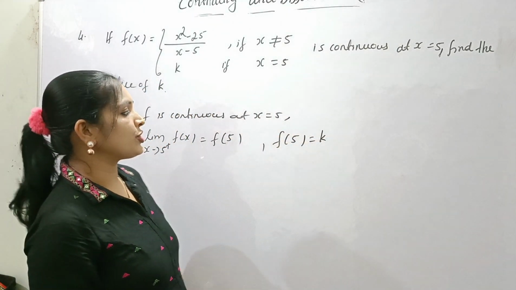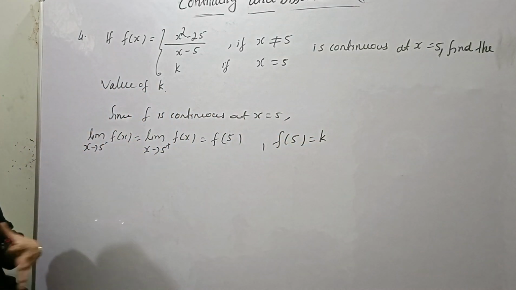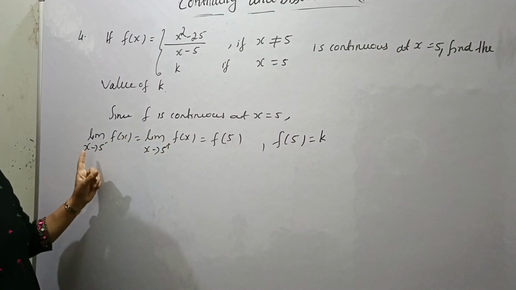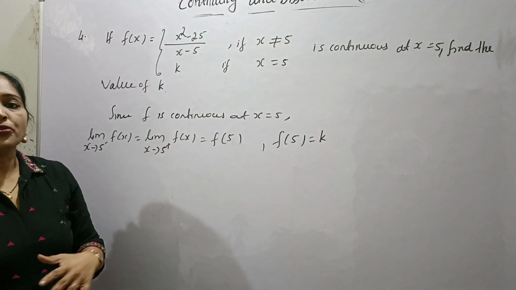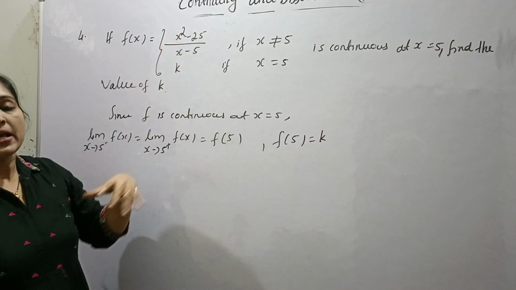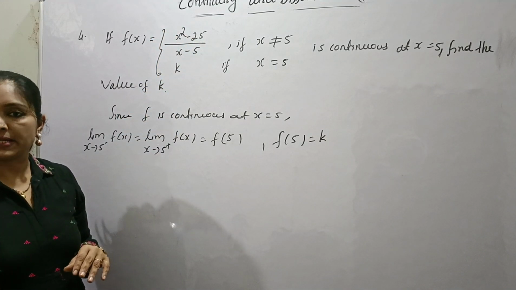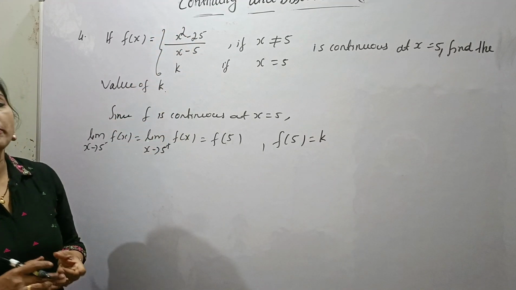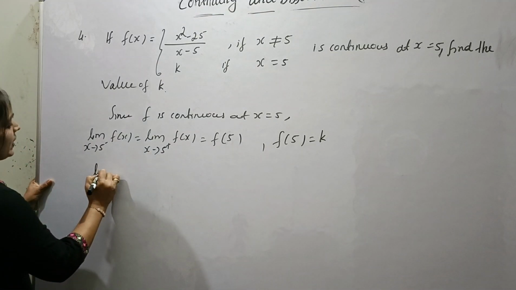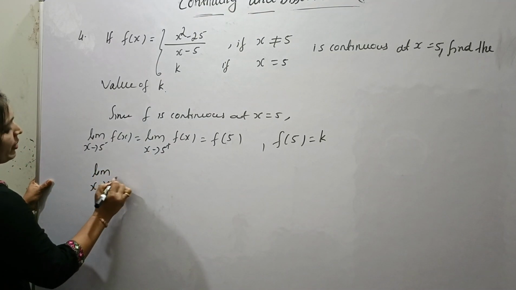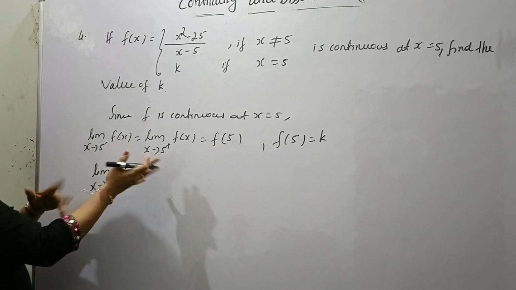Right? Value of the function is equal to k. Now it is enough to find any one of these, right? That is limit x tends to 5 minus, because it is given if x is not equal to 5, the function is x square minus 25 divided by x minus 5, for x less than 5 and x greater than 5. So here we will find limit x tends to 5 minus f of x, any one of these.